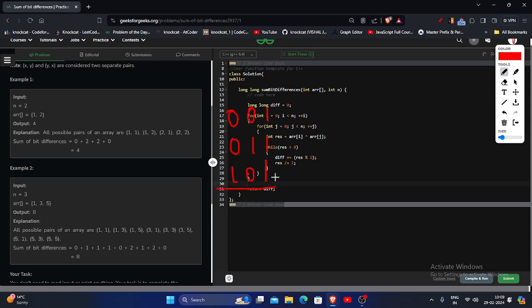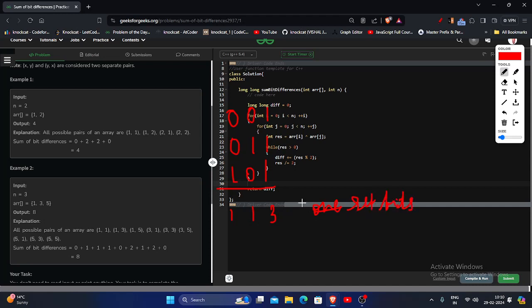Now, if I somehow count bits at all these positions, the number of 1 bits is 3 here, 1 here, and 1 here. This is the number of set bits.